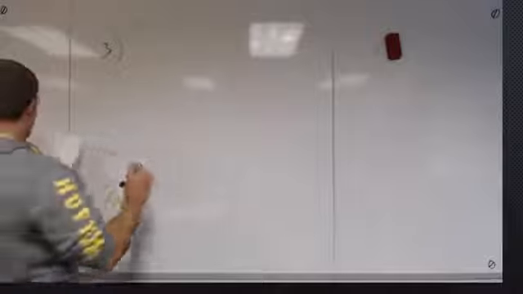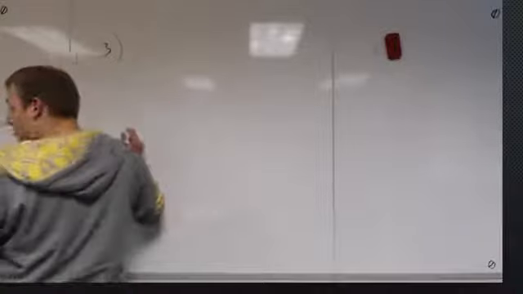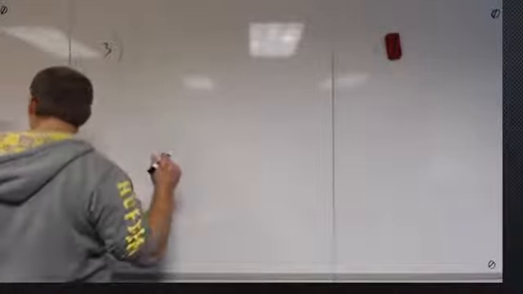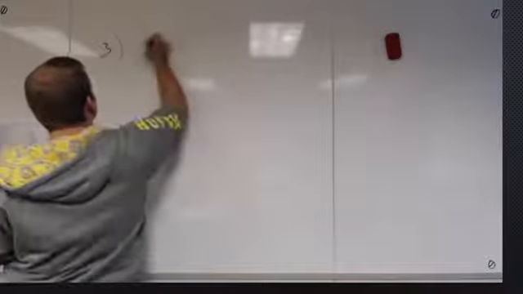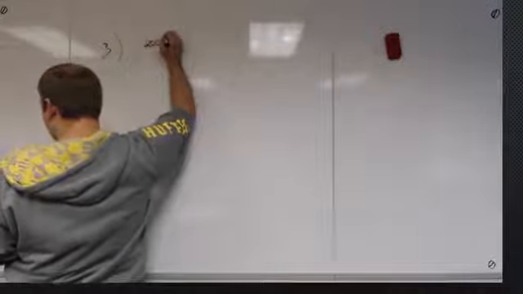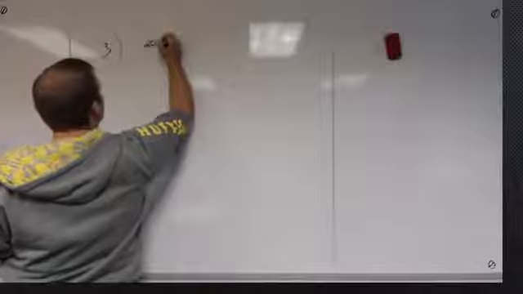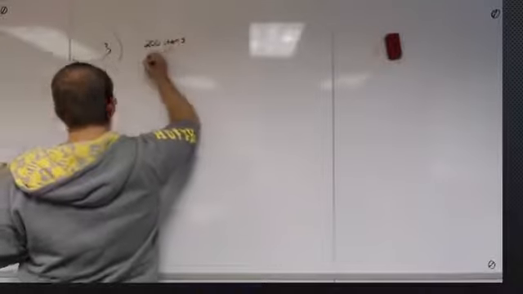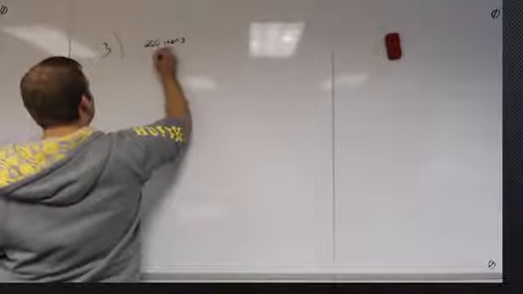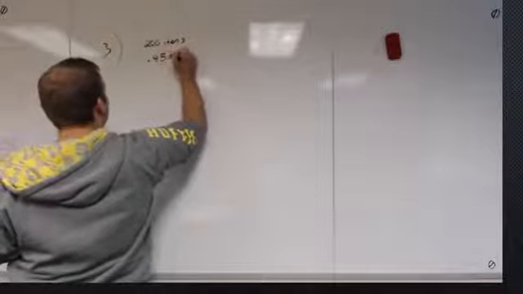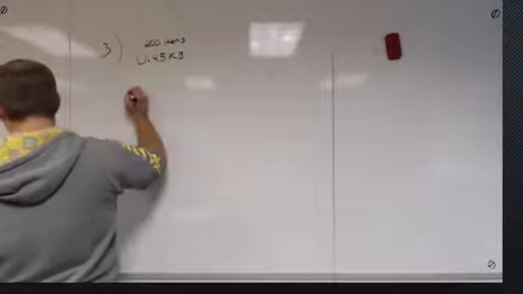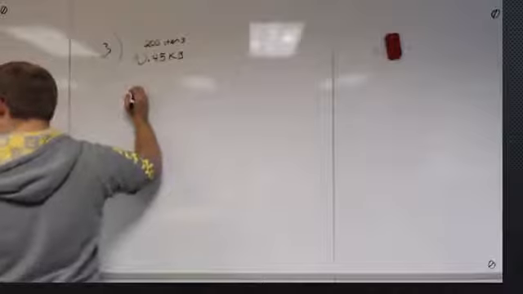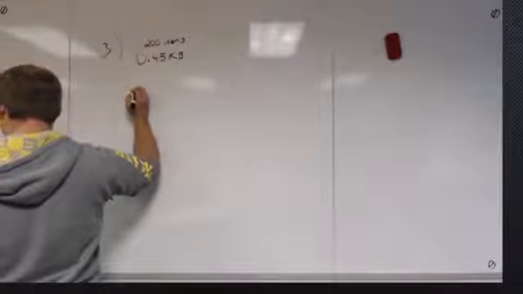And yes, can somebody tell me the answer for number 3, or under the write section, number 1? 200. So the answer is 200, and we have 200 items at 0.45 KB. So how do we get the answer for this?